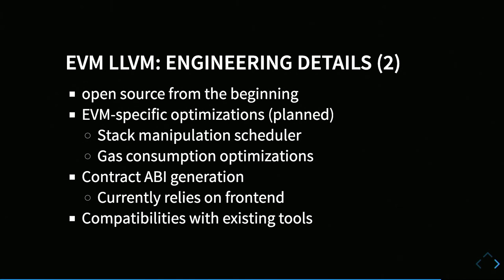Noticeably, there's a stack manipulation scheduler which will reduce the stack manipulation overheads of the stack machine, and there are some gas consumption optimization passes planned to be implemented to further reduce the gas consumption of the smart contract. And we rely on the front ends to generate contract APIs for deployment. We are planning to be compatible with the existing tools like Truffle and so on.